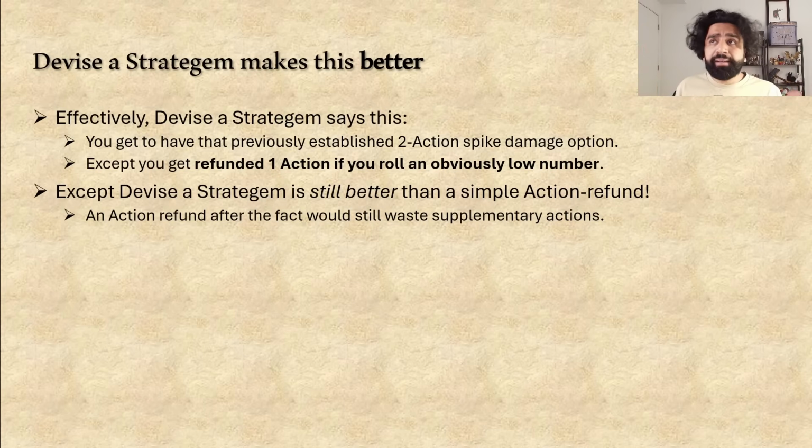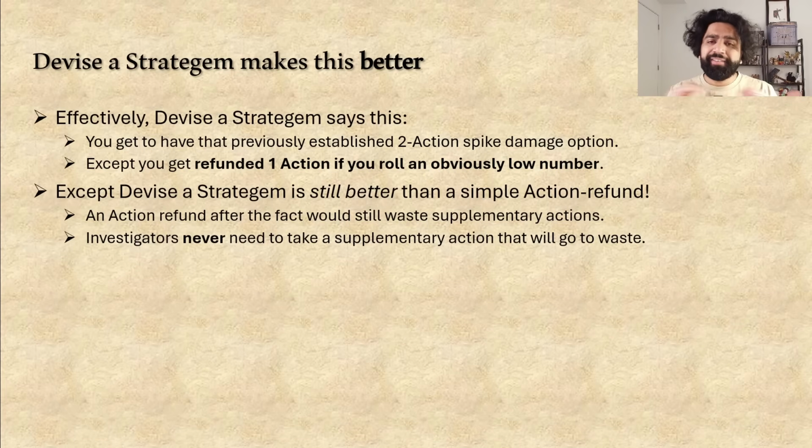As a simple example, you might use some sort of a consumable to boost that 2-action strike you took. And if you then miss, that consumable activation is also wasted. You spent an action on it and the consumable is presumably gone. But an investigator never needs to take a supplementary action that's going to go to waste. You will only ever use those actions when you know you have rolled well enough to hit.